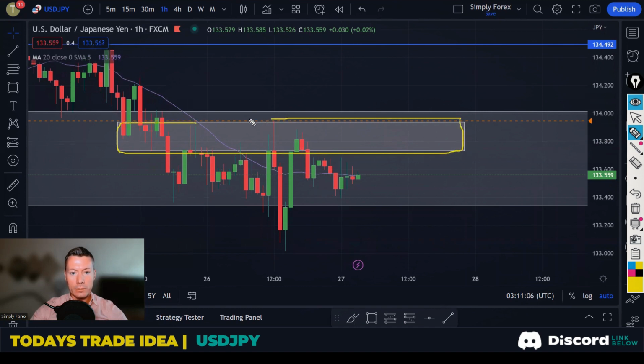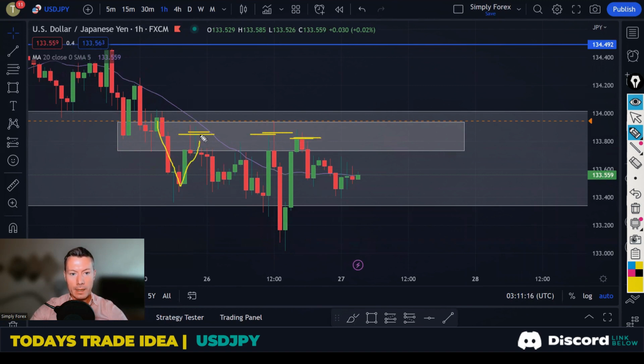I'm only interested if price breaks this level, because you can see it's proven to be good resistance. Price has come up, tested it, tested it, tested it, tested it. What I want to see, guys, is a break of this level, retest, and then take price higher. Okay, that's what I want to see, guys.